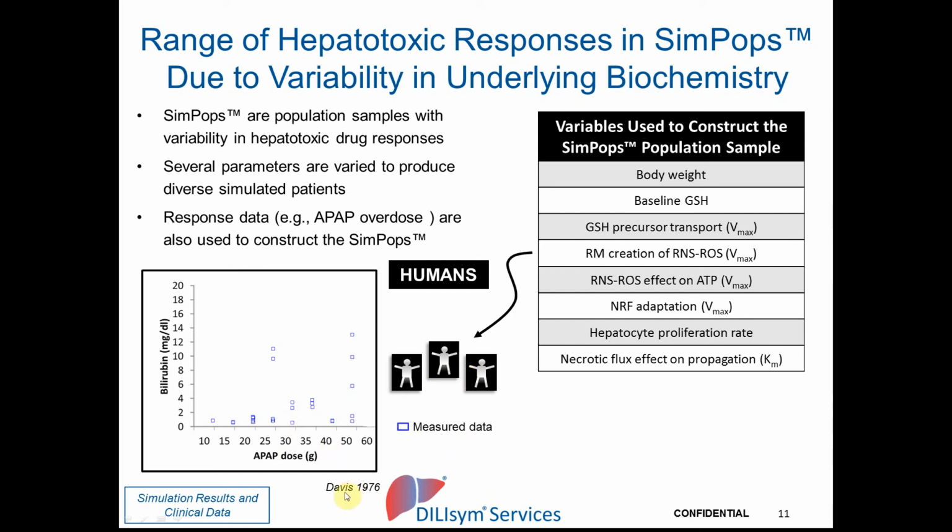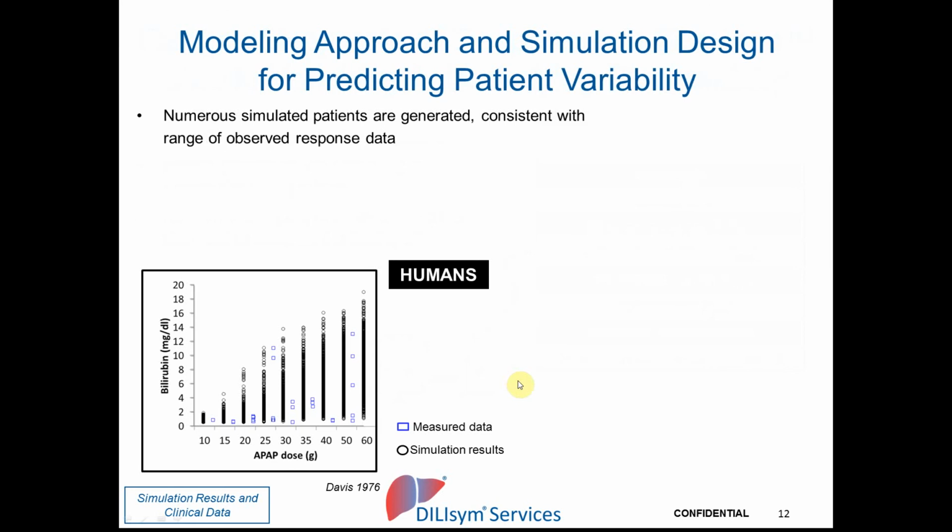In this case, we used data from Davis 1976, looking at bilirubin levels following acetaminophen overdose. You can see that, for these three patients, they seem to be consistent with the range of reported data in the Davis paper. Then we build up the number of patients within the SimPops, typically in the range of 100 to 300 simulated patients, again ensuring that they are within the range.